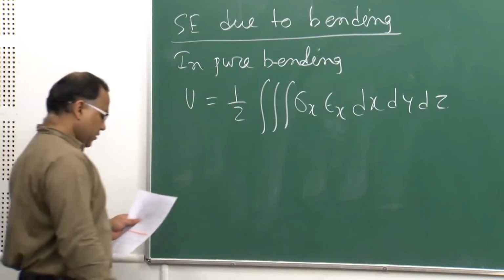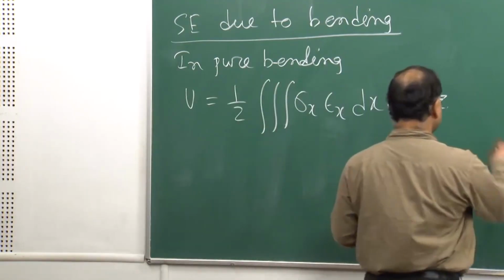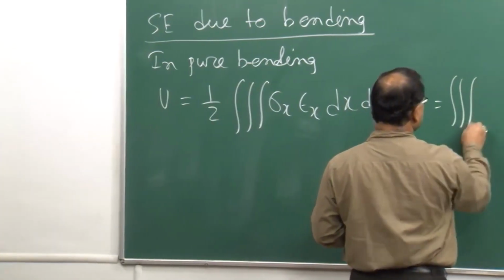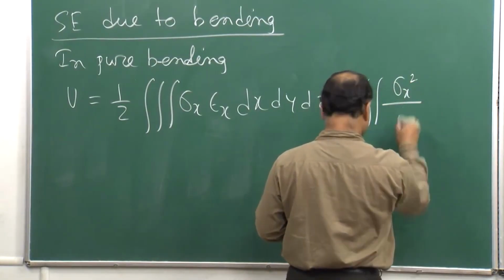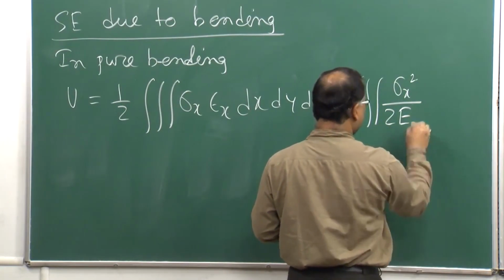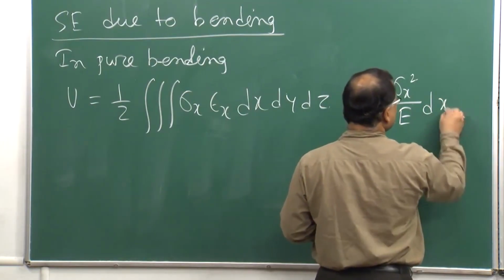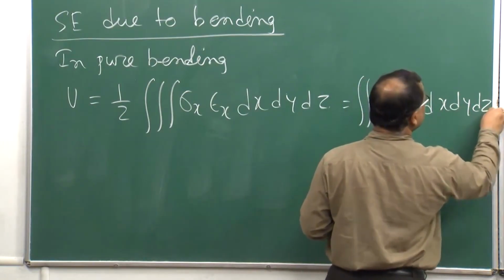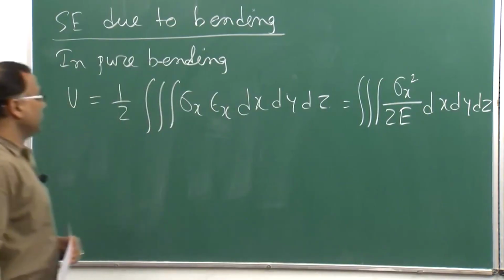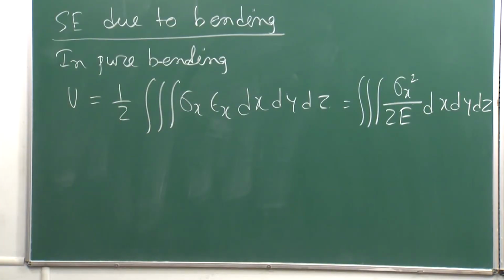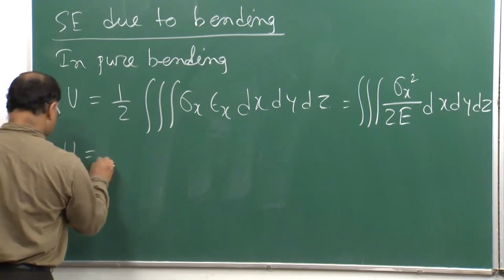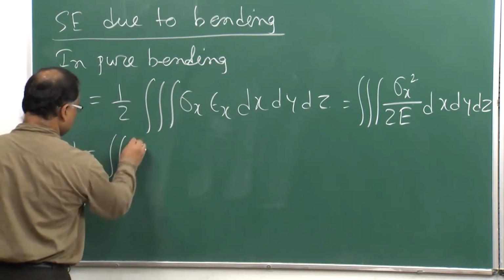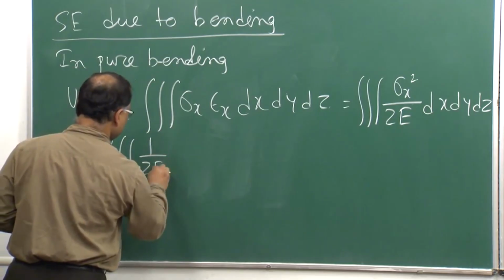This can be written as triple integration of sigma x square by twice E dx dy dz, because you know epsilon x is nothing but sigma x by E. So, from here I can write 1 by 2E.